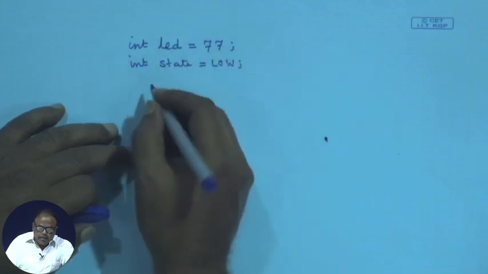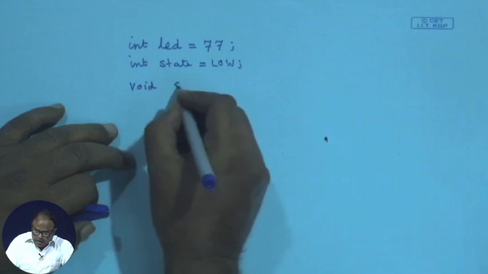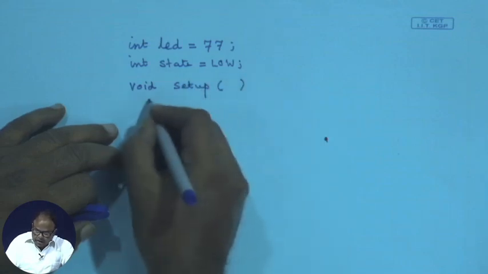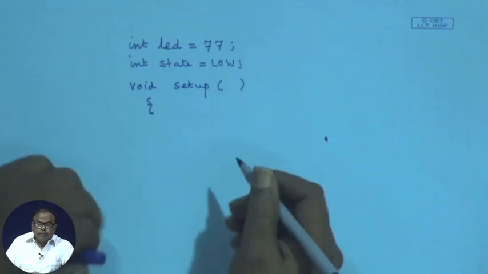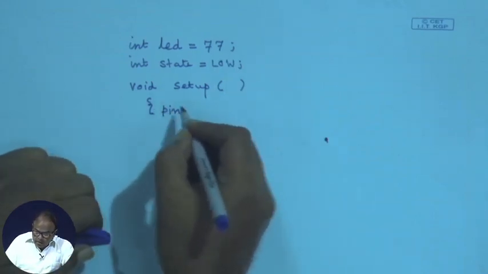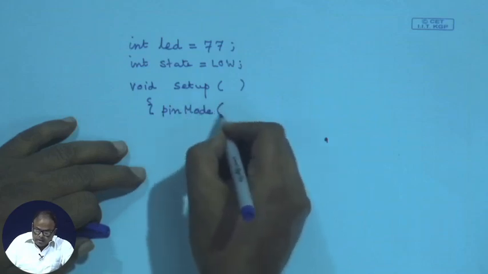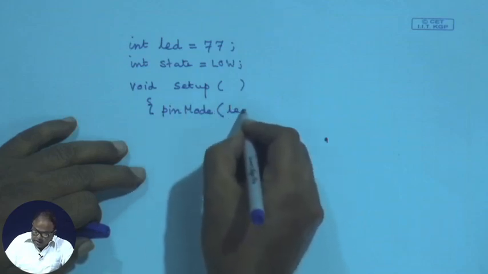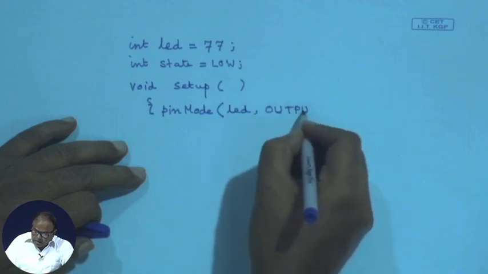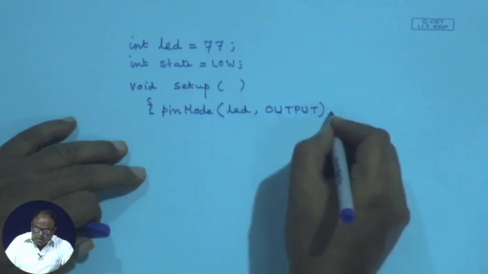State is a variable which I have just set to 0, then setup. You remember that we have the pin mode. To set the pins, we say LED with the output.